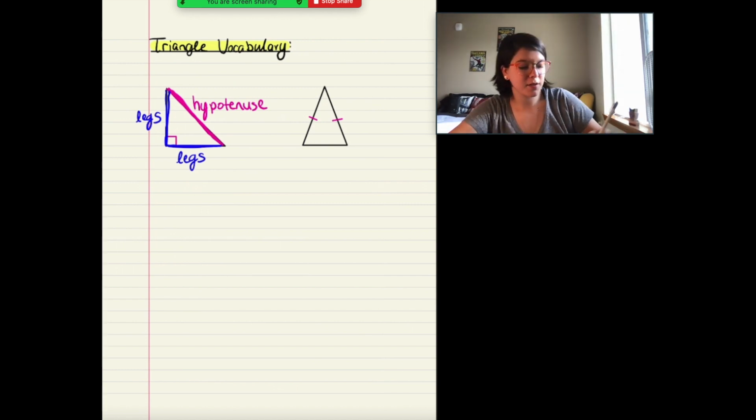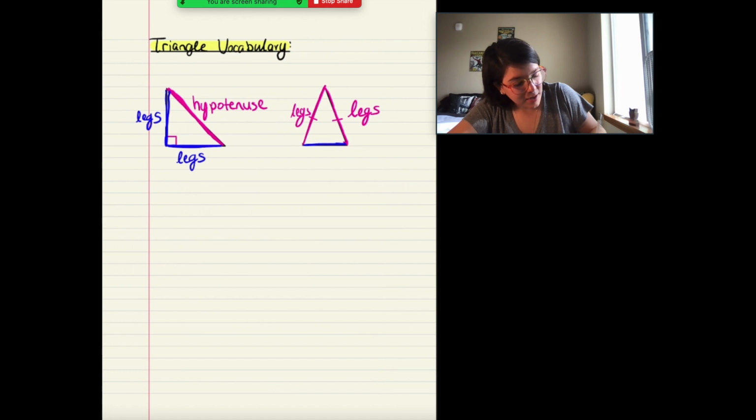If we have an isosceles triangle, since we don't have a right angle, we don't have a hypotenuse, but what we can do is call our sides that are congruent to each other our legs, and we call the side that's not congruent our base.